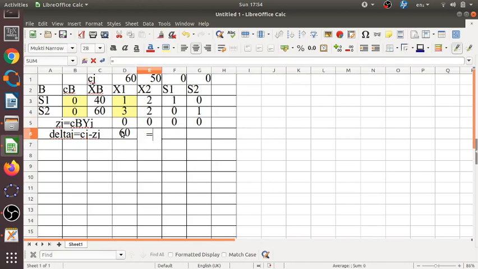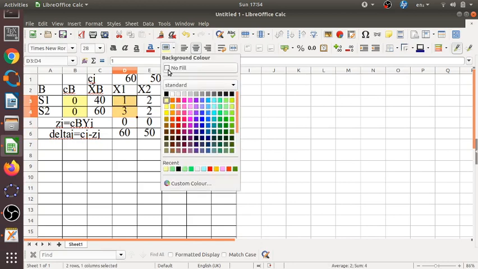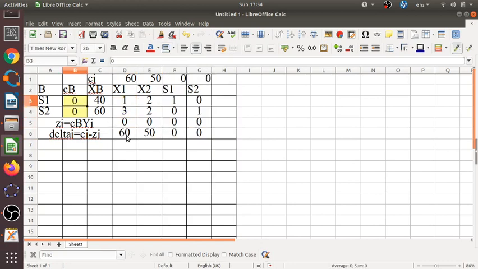Here it will be 50 minus 0, so it's 50. This is 0 minus 0, it's 0. This is also 0. So you observe that not all delta j are less than or equal to 0. If all delta j are less than or equal to 0, then our solution is optimal. Here there are some delta j which are positive, so our solution is not optimal.